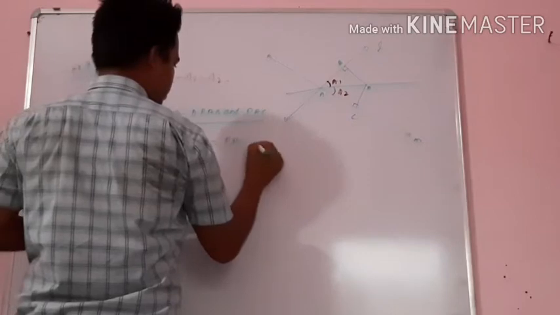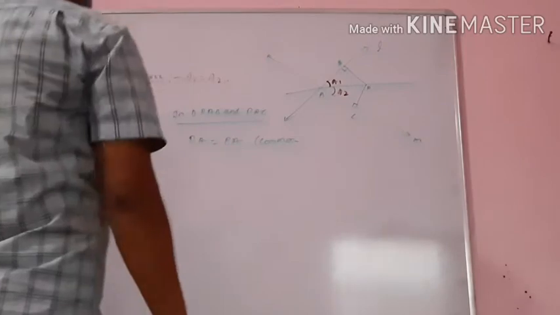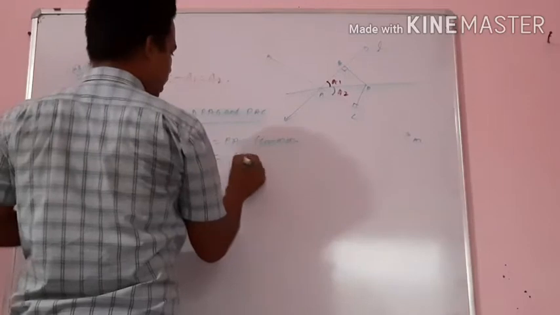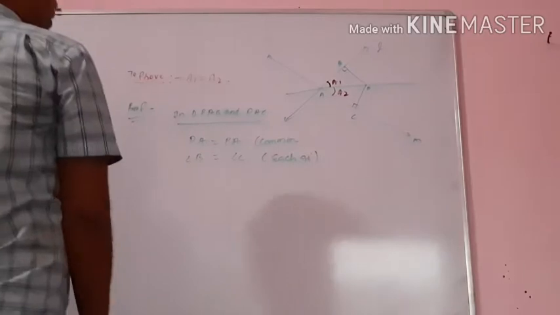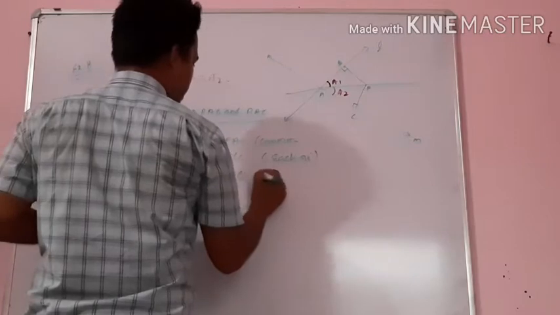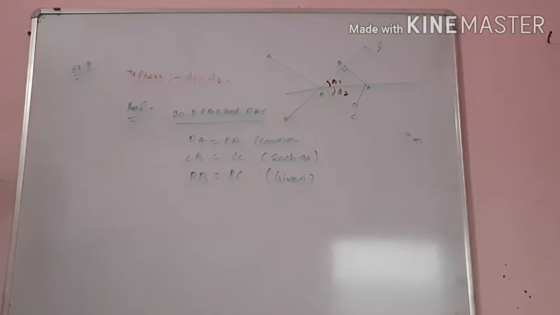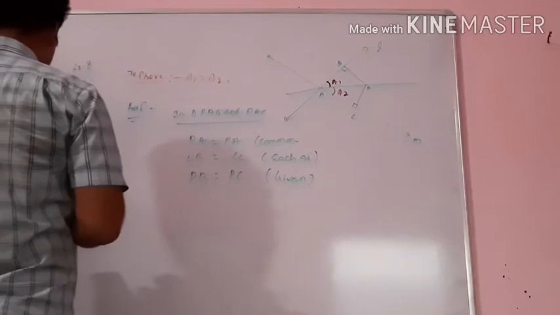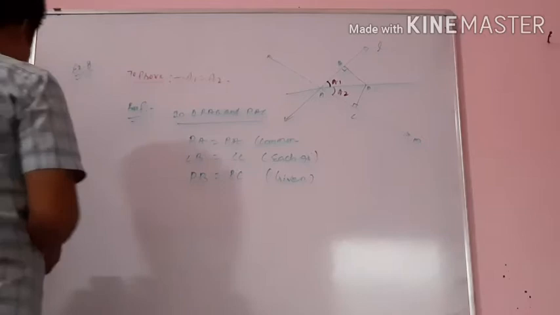PA is common, and angle B equals angle C, each 90 degree, and PB equals PC, it is given. So by the RHS theorem, because here it is 90 degree, whenever it is 90 degree you understand that in that question we can apply the RHS theorem.